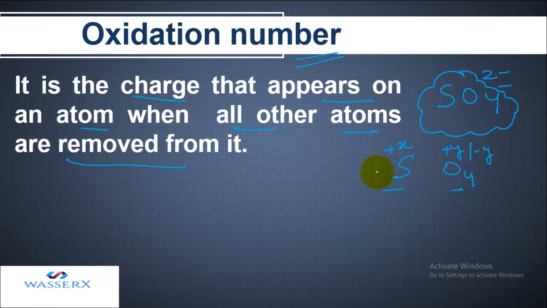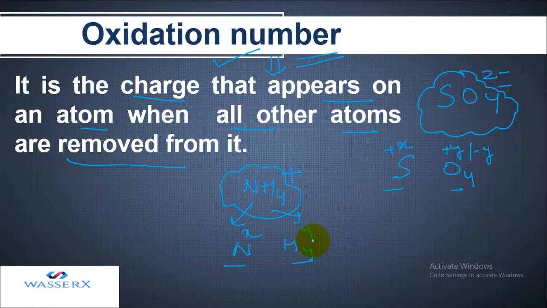That means these atoms will have certain different charges, different from the net charge, and that charge is regarded as the oxidation state or oxidation number. In a similar manner, if I have the ammonium ion, the charge on the overall ion NH4 is positive. But if I separate nitrogen and hydrogen, the charge on hydrogen is not going to be +1.